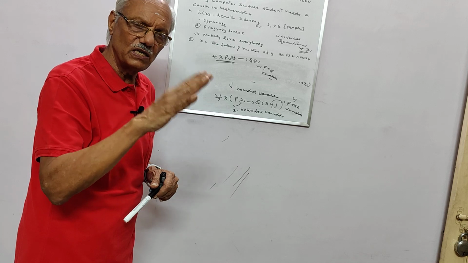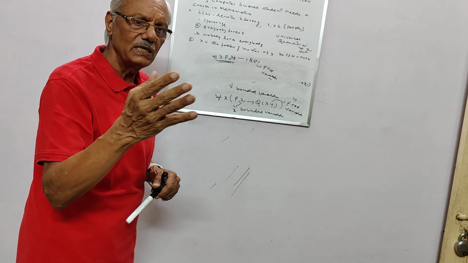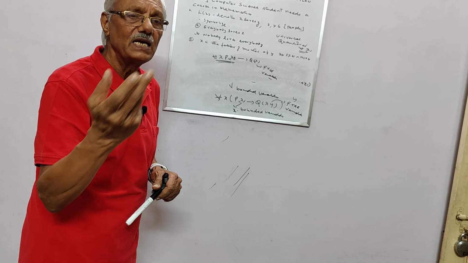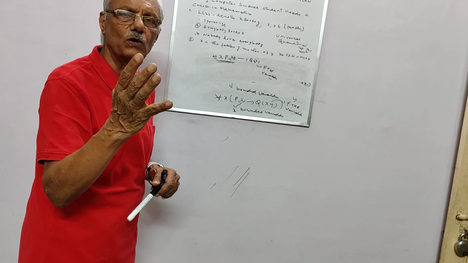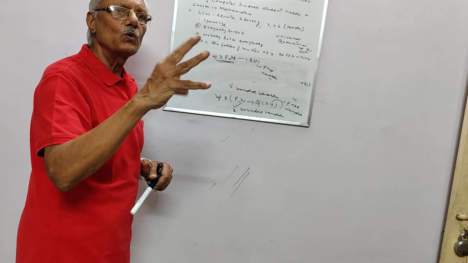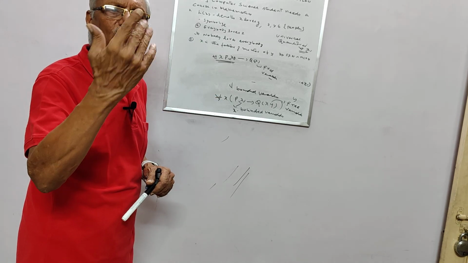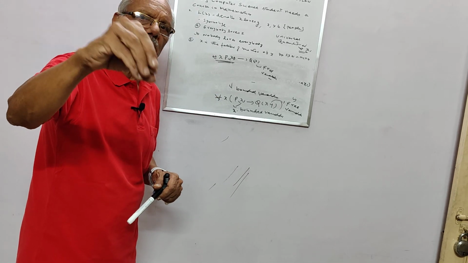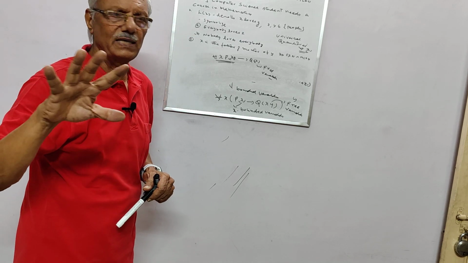If the quantification does not come, quantification in the sense there exists or for all x, if either of them does not come for a variable, such variable will be called a free variable. Are you able to catch this point?